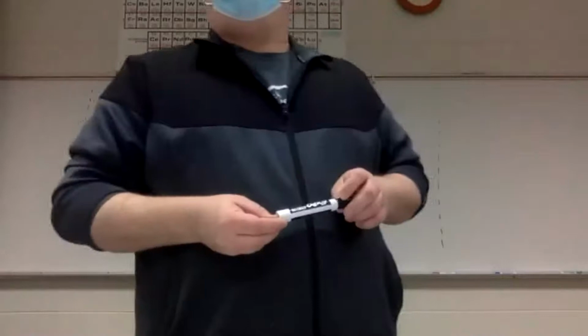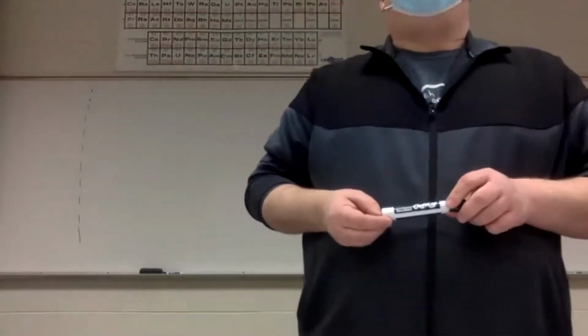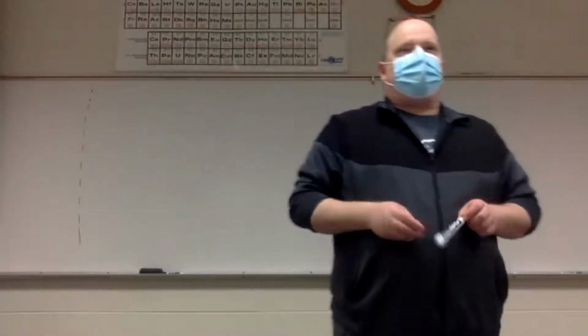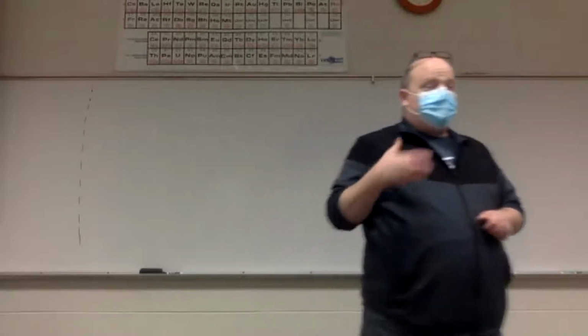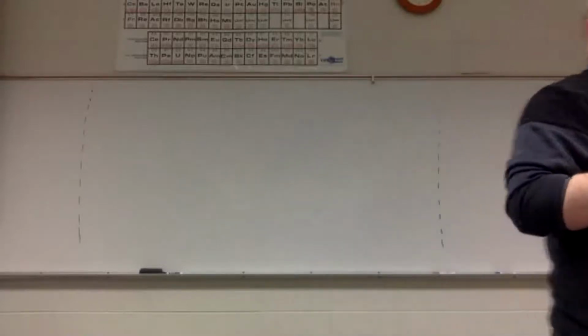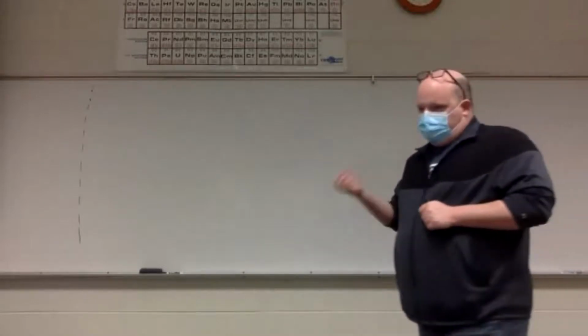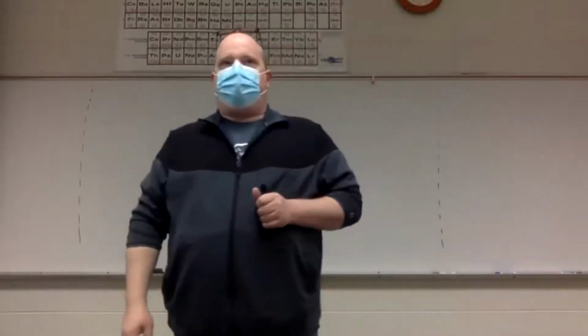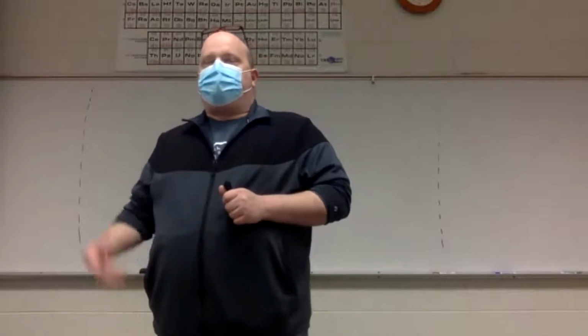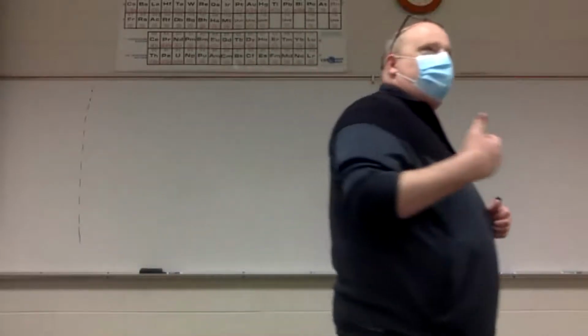It basically acts for us as a shield for harmful ultraviolet radiation from the sun. The ozone layer takes one for the team as far as absorbing those harmful UV rays so we don't have to.